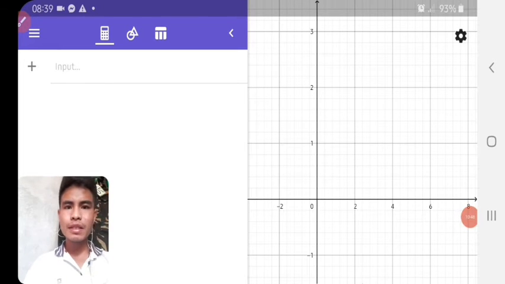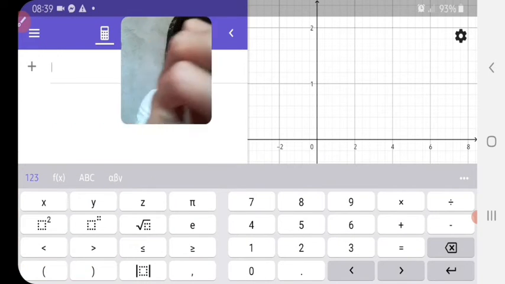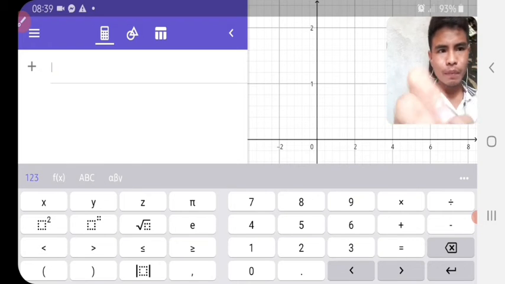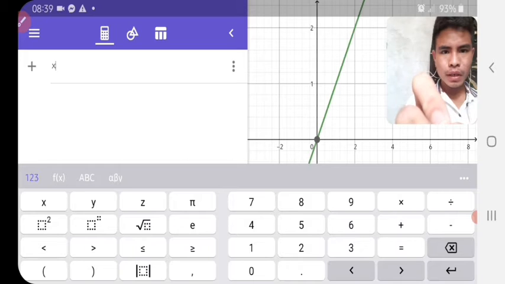First, we must input a function. Let's have a function here. What if you have the function x squared?